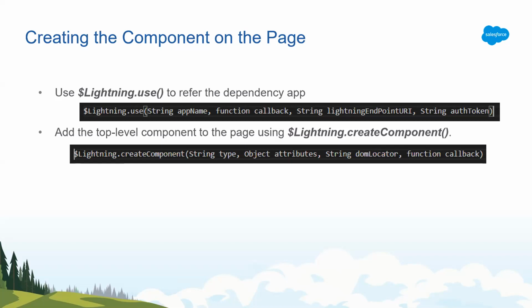Yes. And what do type and attributes do here? So type is where you pass the name of the component. Let's say your Lightning component name is, for example, XYZ component, so you have to pass the name of the component over here. An attribute, let's say you want to pass a label for this.